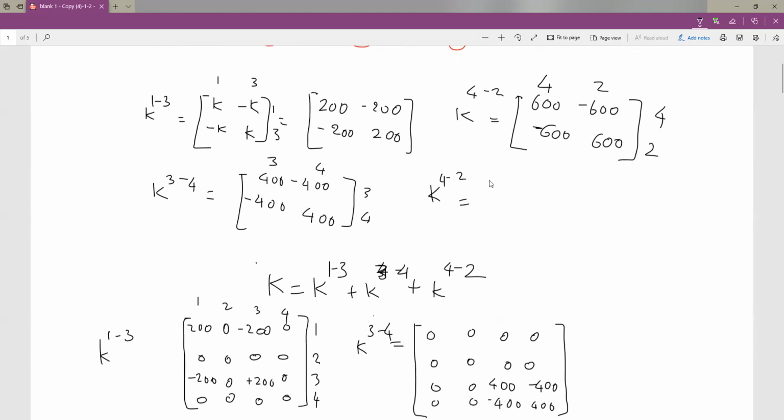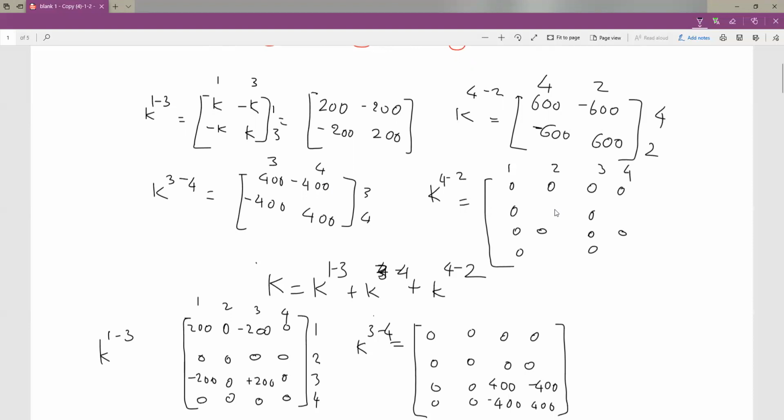And the last one, that is K42, can be written with second and fourth. So if you think of 1, 2, 3, 4, first and third should be 0. First and third. Okay, so the third column and third row.